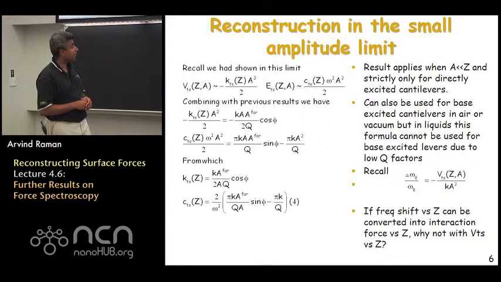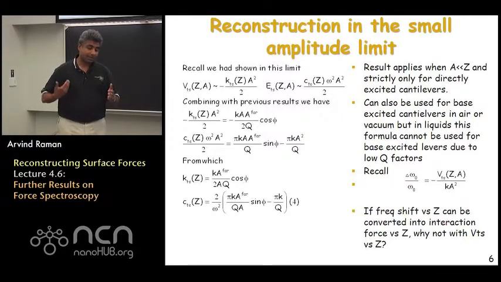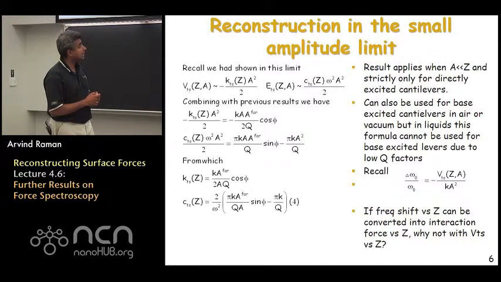We get the following equations, from which it's easy to separate k_TS and c_TS, as shown in equation 4. This allows us a very nice and elegant way to convert the amplitude versus Z and phase versus Z into the local gradient as a function of D, and the local viscous dissipation coefficient c_TS as a function of D, or as a function of Z in this case.